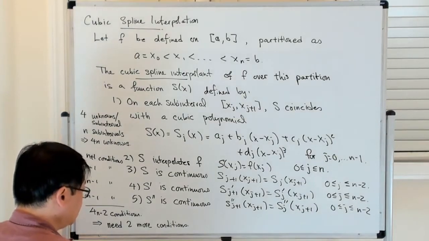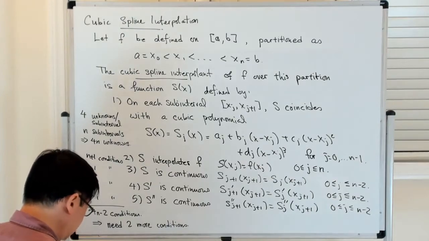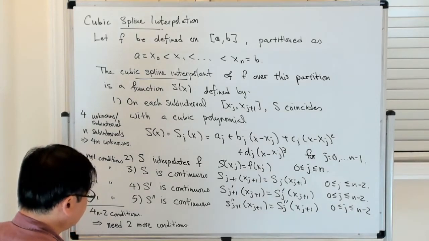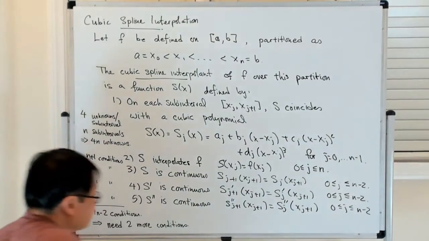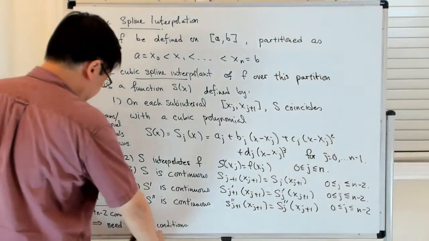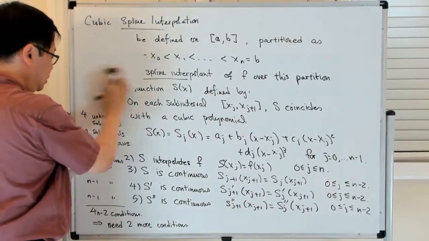Let me give you possible examples of those boundary conditions, and then we can talk about how to solve the corresponding system of equations. So we need 2 more conditions, which are typically some sort of boundary condition.